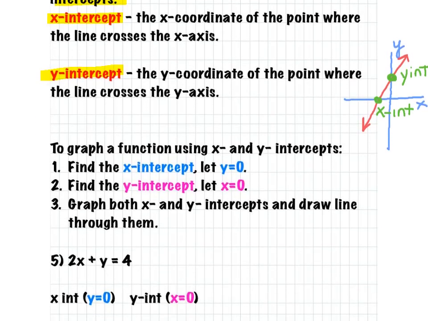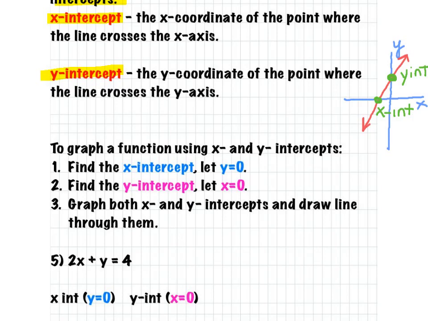Okay, so write down these 3 steps, please. To graph a function using x and y intercepts, number 1, you will find the x-intercept by letting y equal 0. On the equation, you will substitute 0 for y and then solve for x. That will give you the x-intercept.